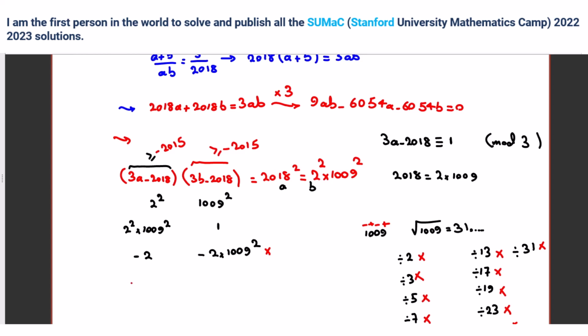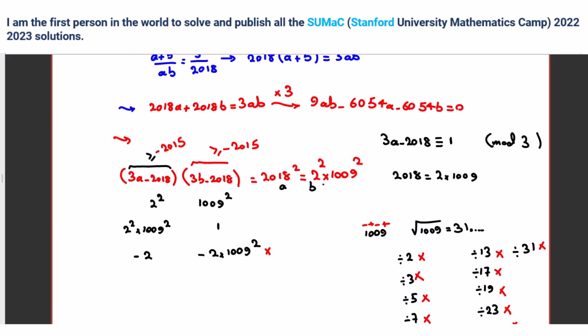So what else can we do here? Let me tell you something. Because look, if you write all these things, maybe we miss some of the cases, right? But sir, the thing is it has to be greater than or equal to minus 2015.